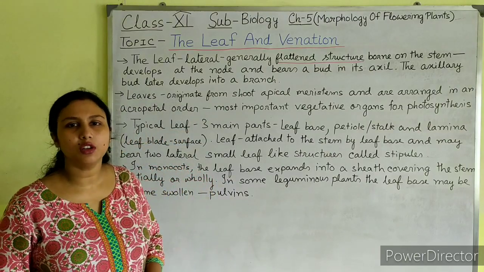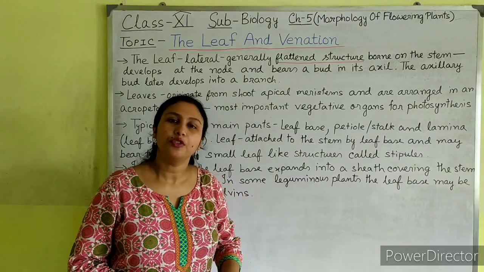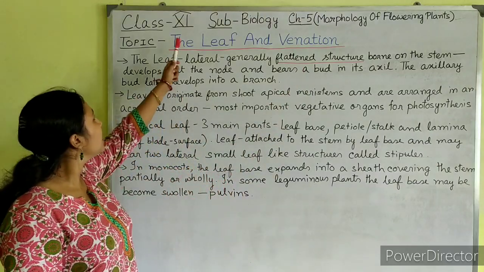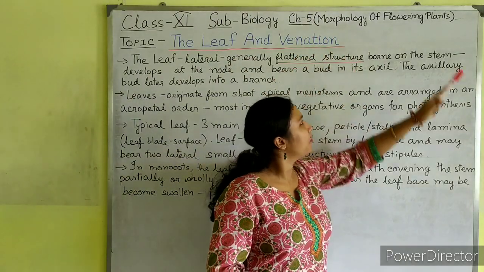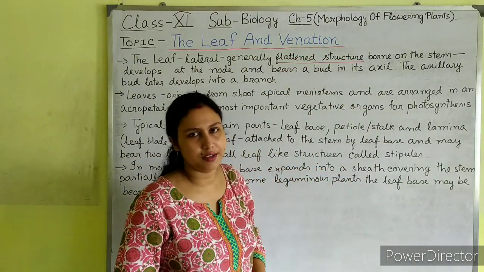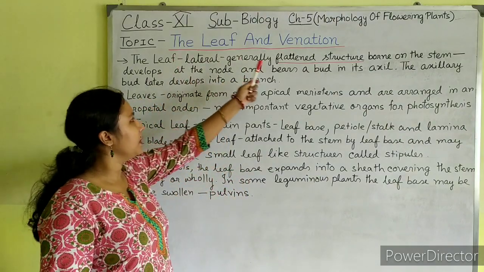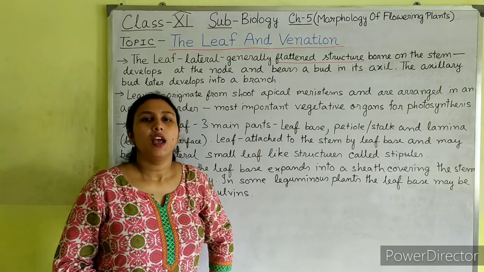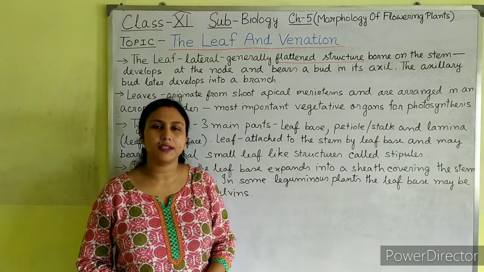Today we will learn the topic the leaf and venation, which is under class 11 subject biology chapter 5 morphology of flowering plants. Now students, I hope you know that this topic has been deleted from your syllabus.